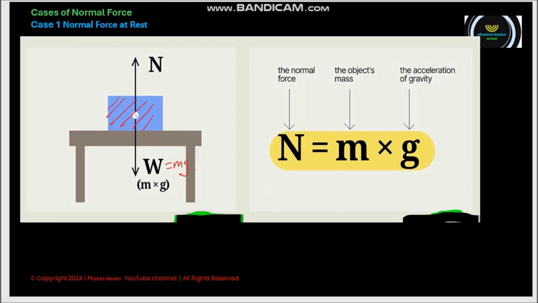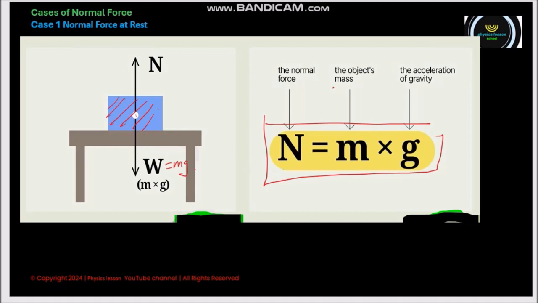For this object at rest, its normal force is just equal to n equals mass times gravity, where n is the normal force, m the object mass and g the acceleration due to gravity.